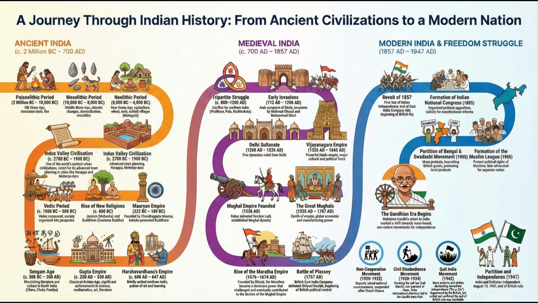The scattering of the IVC population due to drought, the Mauryan political fragmentation, the collapse of the Delhi Sultanate after Timur, and the utter failure of centralized Mughal authority after 1707. Exactly. And the incredible insight revealed by our source material is that these collapses rarely led to just chaos. They often led to a regional refoundation. The rise of the Mahajanapadas, the dynamism of the Sangam period, or the powerful regional states of the 18th century.